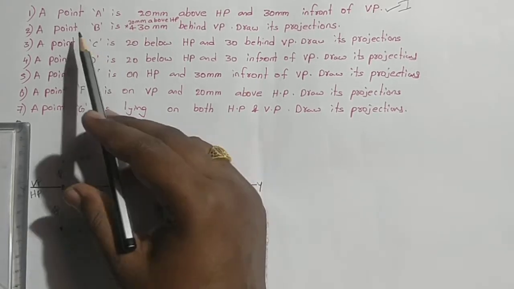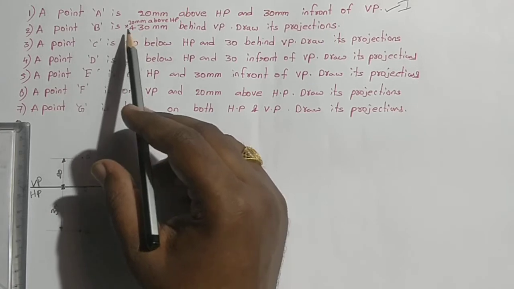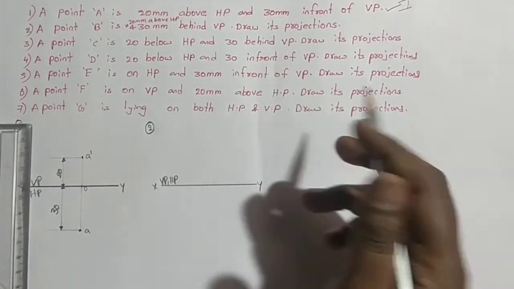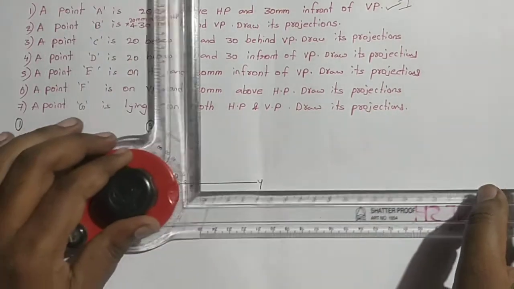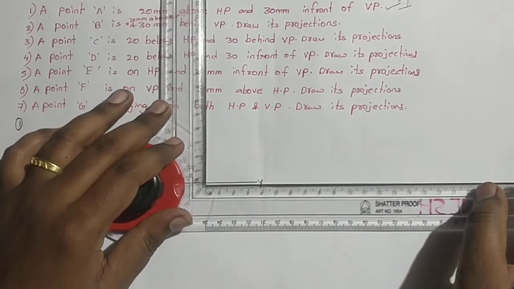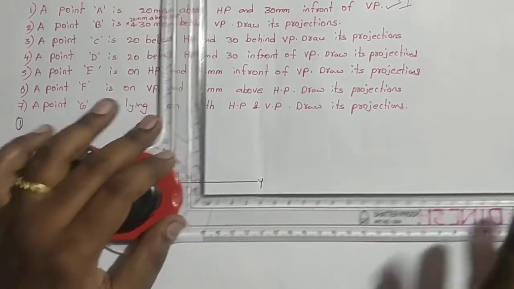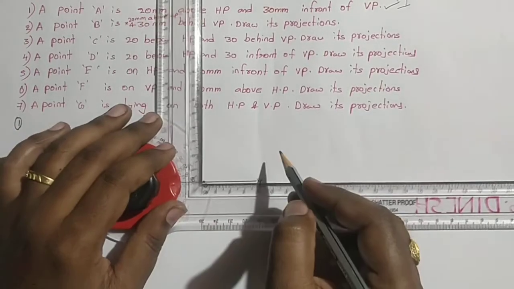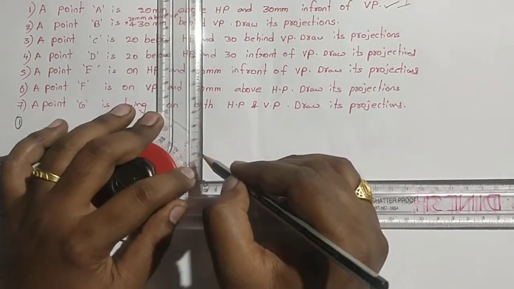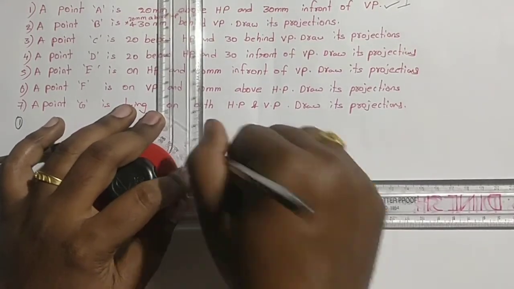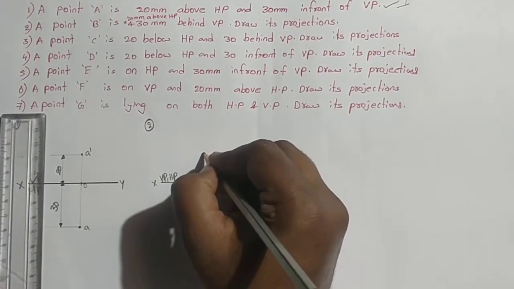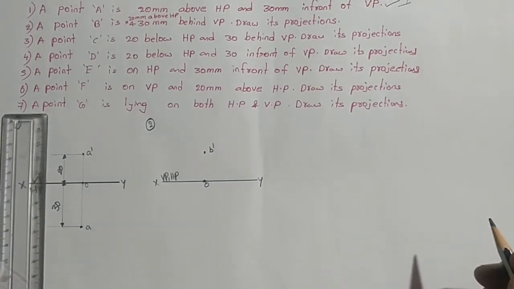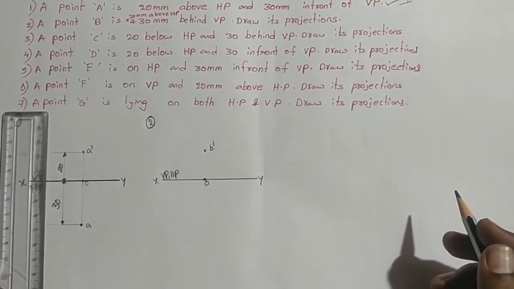The point B is 20 mm above HP. Above HP means you need to draw 20 mm above HP. First we consider any point O. From this, locate a 20 mm line. It is the front view, and since the point is given as B, it is taken as B dash.